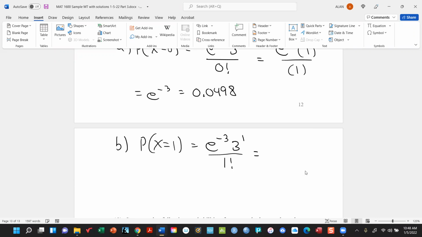So here, there's less cancellation. We actually have e to the minus 3 times 3 over 1. So you can rewrite that as e to the minus 3 times 3. And that means it's 3 times what we had in the previous question. Oh, whoops, I put an extra 0 in there. Hold on.